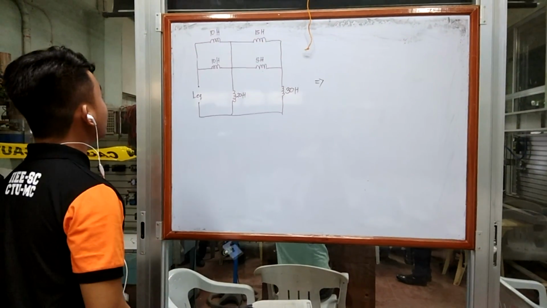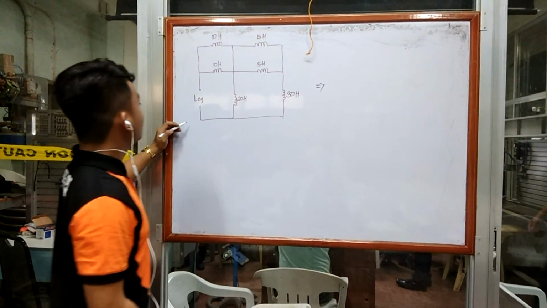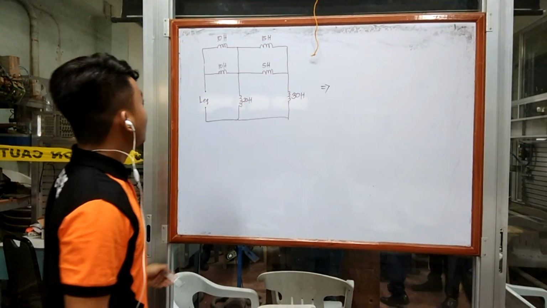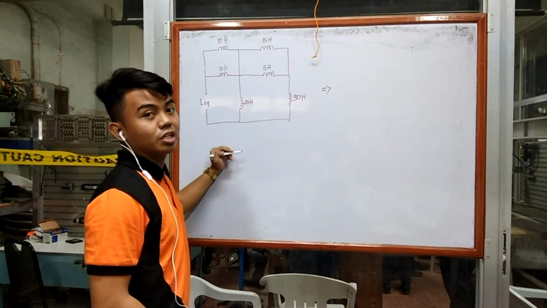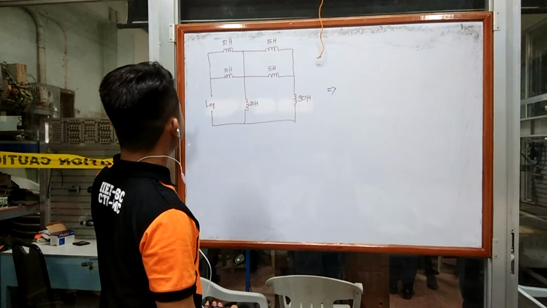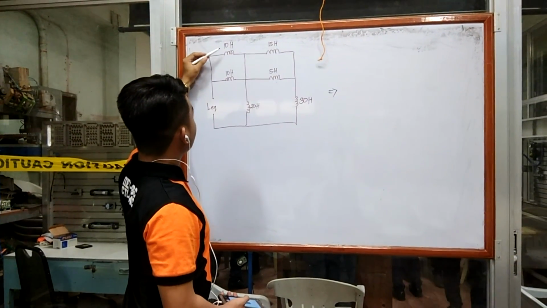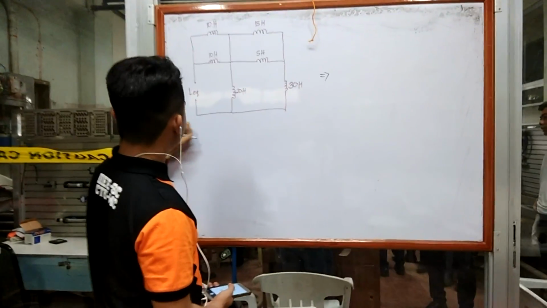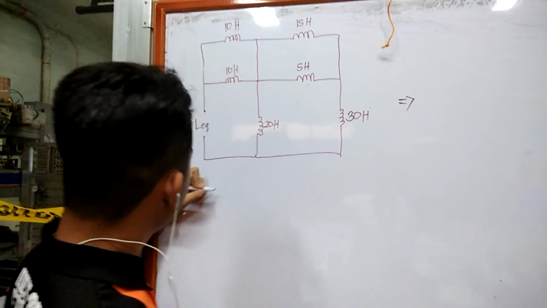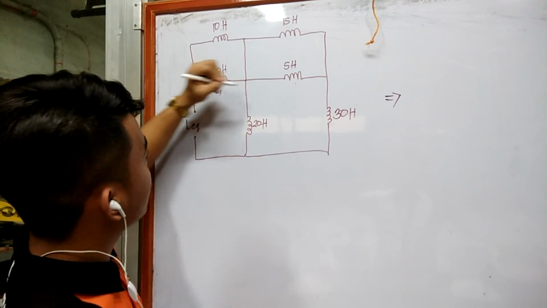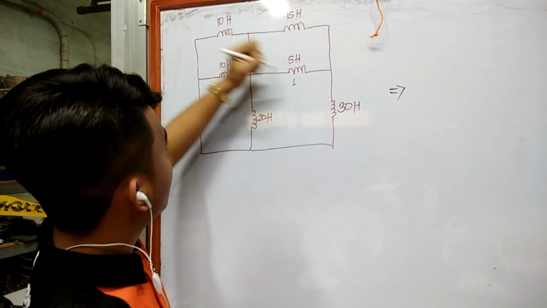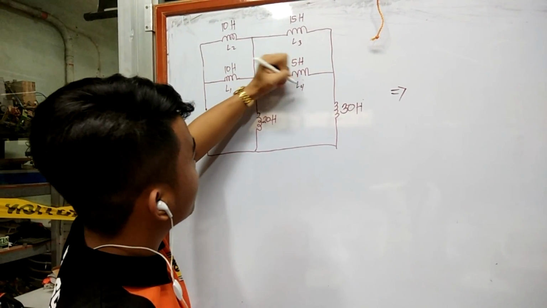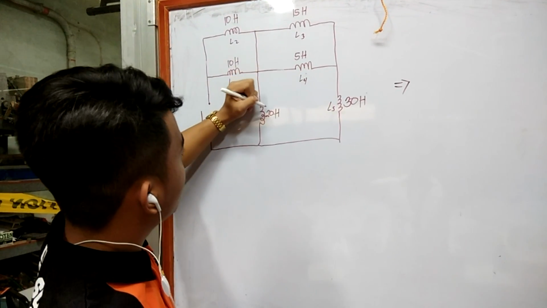Let's answer this example on inductors in series and parallel. In this example, we need to find the L equivalent in the circuit. In finding the L equivalent, we can just use network reduction in this kind of example. So we can just combine these two parallels like this. First, let's label them L1, L2, L3, L4, L5, and L6.